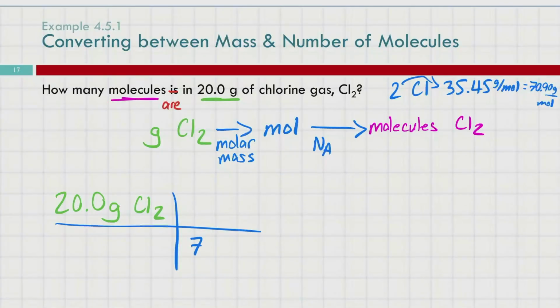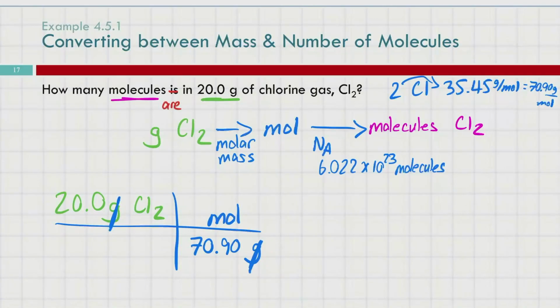by our molar mass, 70.90 grams, and the moles part goes on top. This gets our grams to cancel. So I'm drawing a line through it just so that we know where we're at, making sure that our units cancel so that we're not setting ourselves up for failure. And then we're going to use Avogadro's number, which is 6.022 times 10 to the 23. In this case, it's going to be molecules, and that's equal to 1 mole.